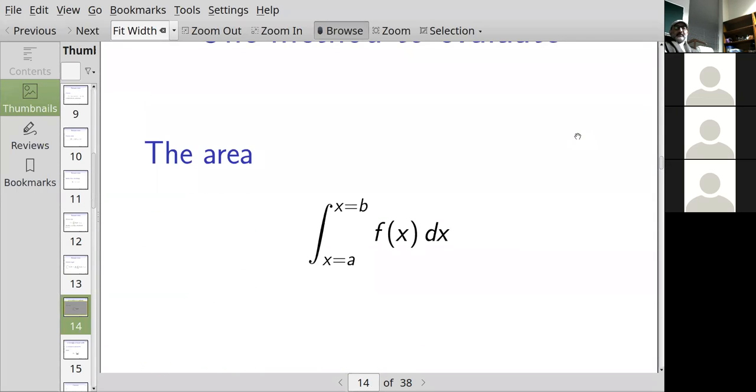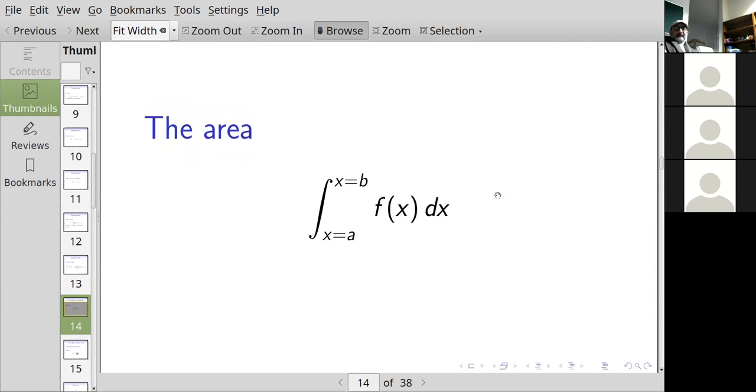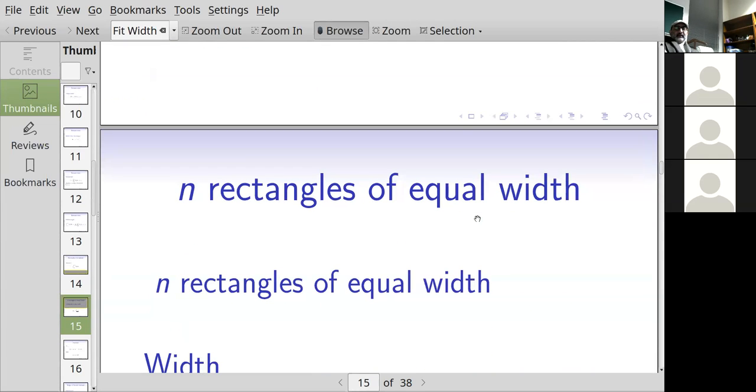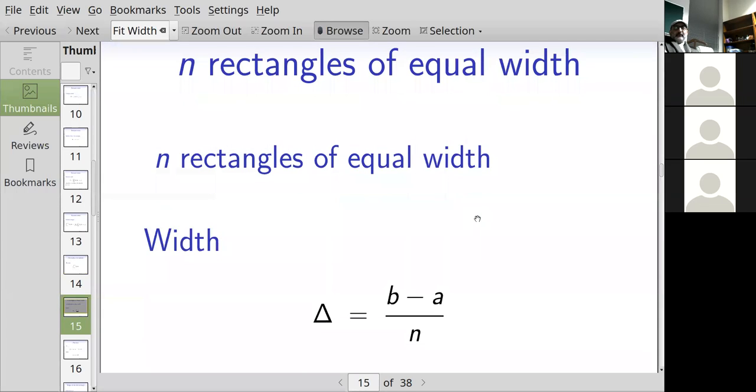Okay, so now let's see what that would mean. You have the integral from x equals a to x equals b of f of x dx. Let's suppose that that area actually exists. Let's say that we want n rectangles of equal width.